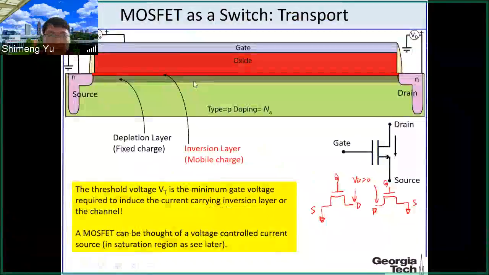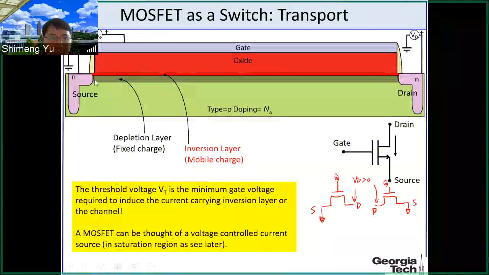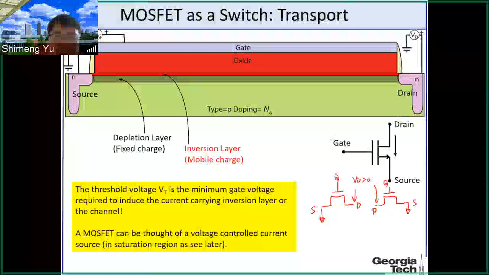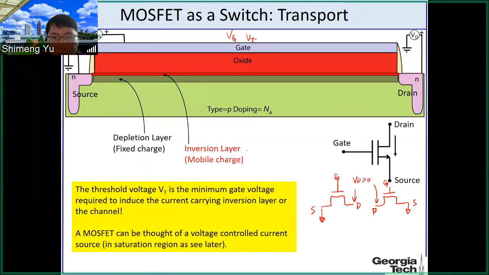All right, so let's look at the diagram here. So this is above the threshold. When the gate voltage is larger than threshold, then we'll create this channel, and the channel is this inversion layer of mobile charge, and in the NMOS, that's electrons. But under the channel, we still have the depletion region.